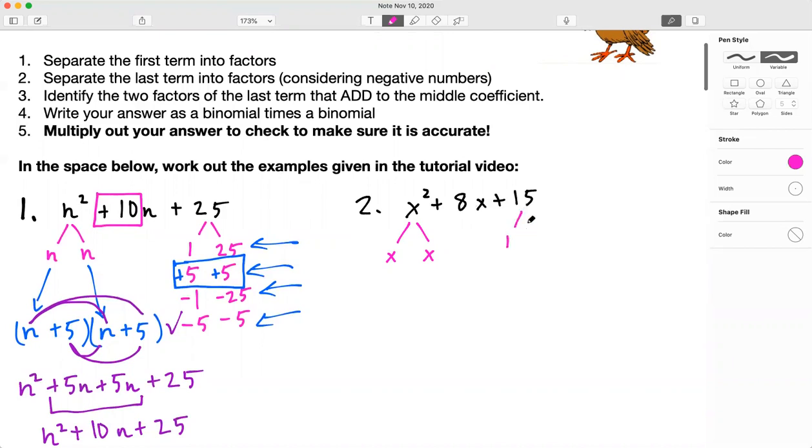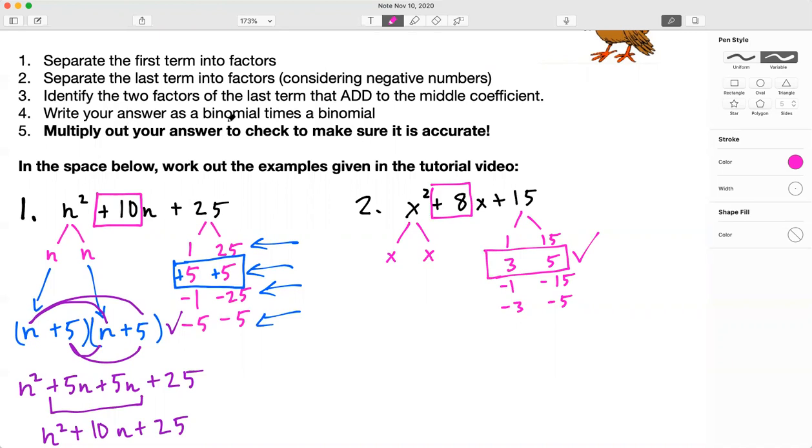We have 1 and 15. We have 3 and 5. And we also have negative 1 and negative 15, and negative 3 and negative 5. Now we have to ask ourselves which one of these adds to the middle term of 8. 1 plus 15? No. 3 plus 5? Yes. And that is going to lead us to our answer.